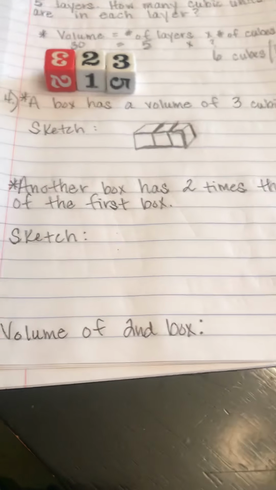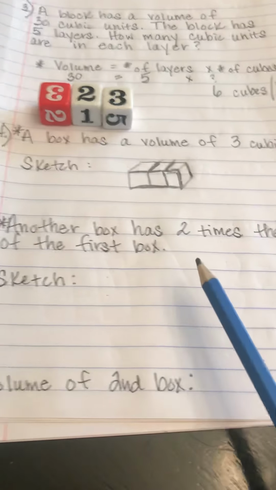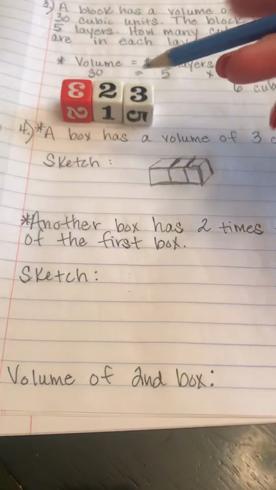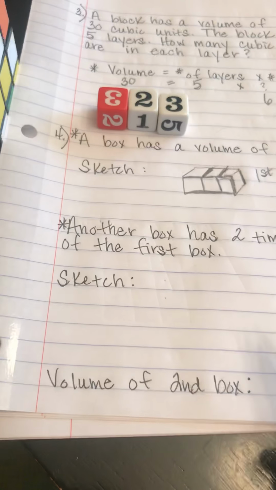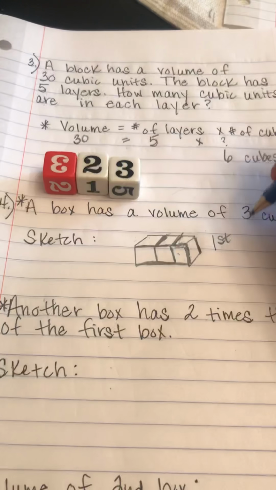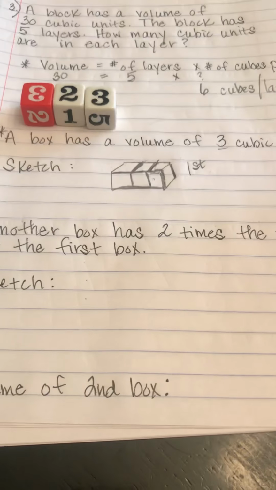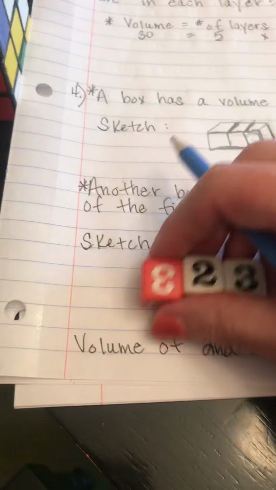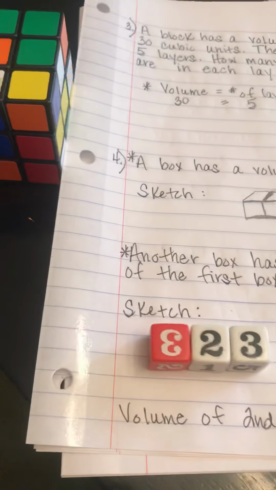We're going to look at the next section here. It says, we have another box that has 2 times the volume of the first box. So this was our first box. We want to draw something that has 2 times the volume of this one. This one had a volume of 3 cubic units. So I could just say to myself, well, I want to do twice as much.